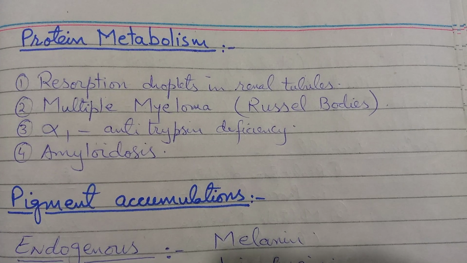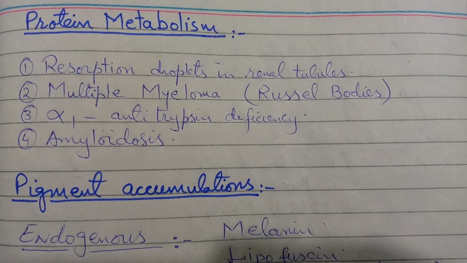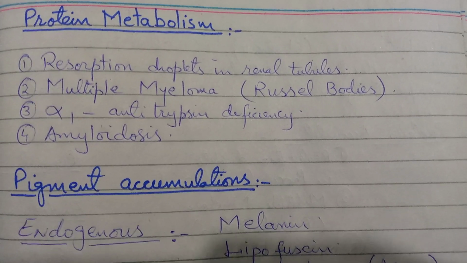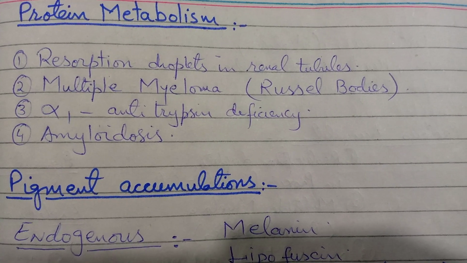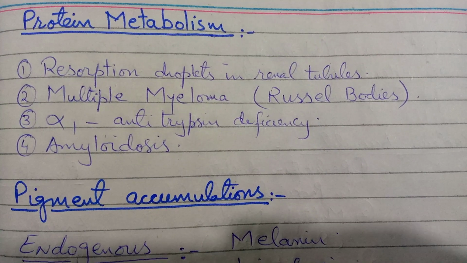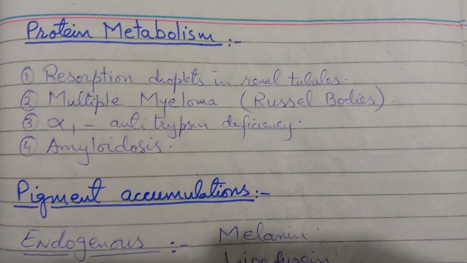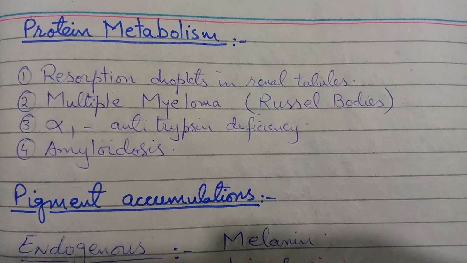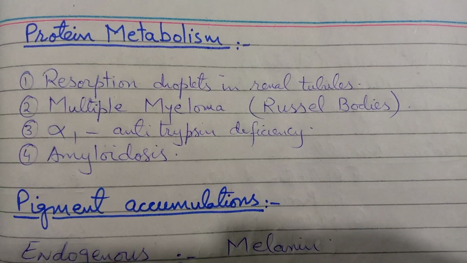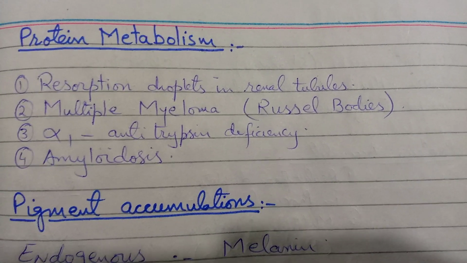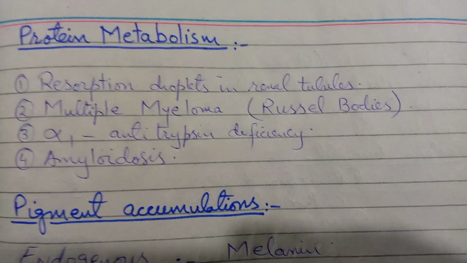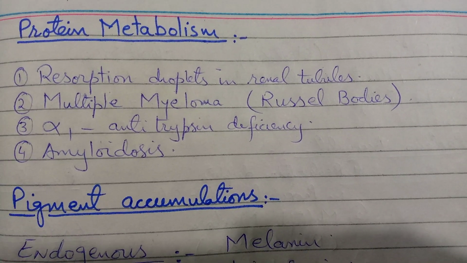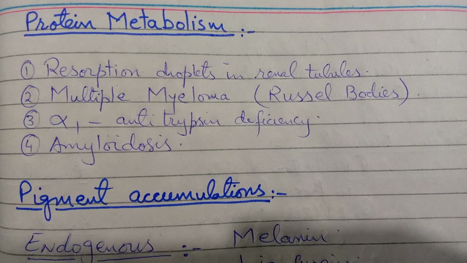Now the protein metabolic byproducts include accumulation of resorption droplets in the renal tubules. Second condition, which is because of protein metabolism accumulation, is multiple myeloma. In multiple myeloma, students, Russell bodies accumulate inside the cells.